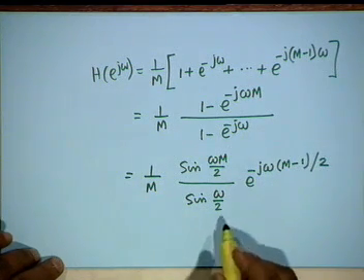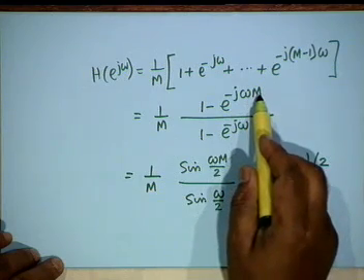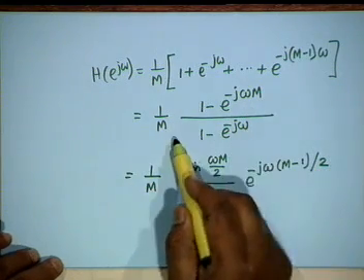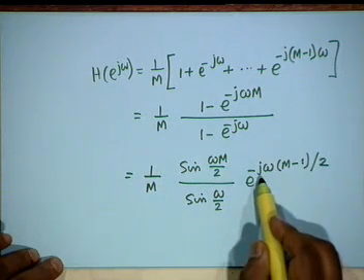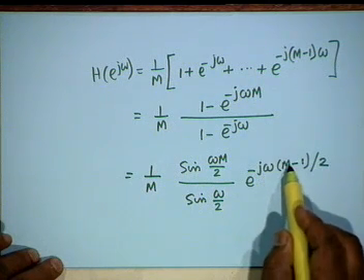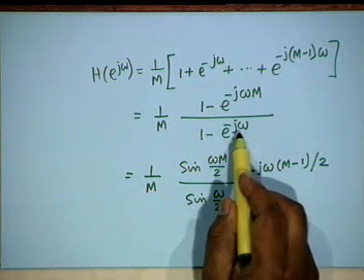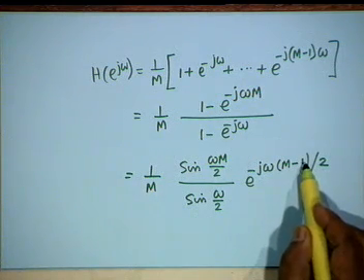Is that okay? I am taking e to the minus j omega M by 2 out and e to the minus j omega by 2 out. So, the angle becomes e to the minus j omega M, and since e to the minus j omega by 2 is in the denominator, it comes as a positive sign here.